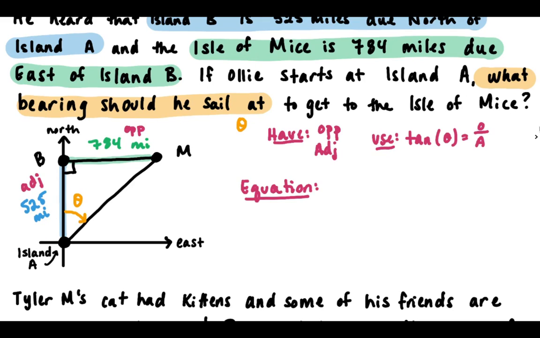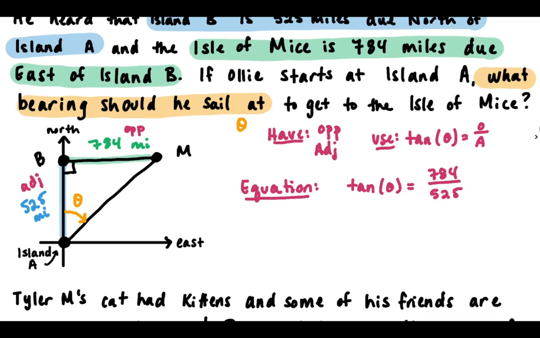The equation is going to be tangent of theta equals the opposite side, which is 784, divided by the adjacent side, which is 525. Then we need to get theta by itself, so we have to get rid of tangent, and to do that we use the inverse.